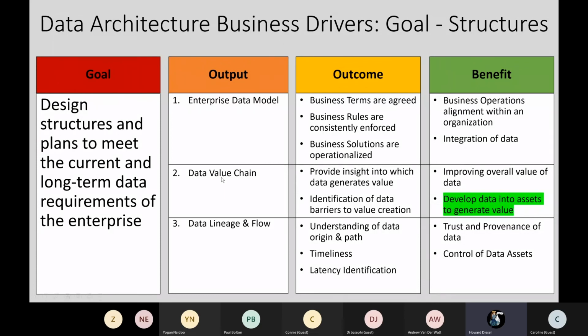We have the data value chain in terms of where the data is moving and how we're adding value. And of course, as soon as you get into that enhancing and PI processing that we spoke about, you've got to start being careful and paying attention to your data value chain. So how did you add more information? And then the data lineage and flow, right?